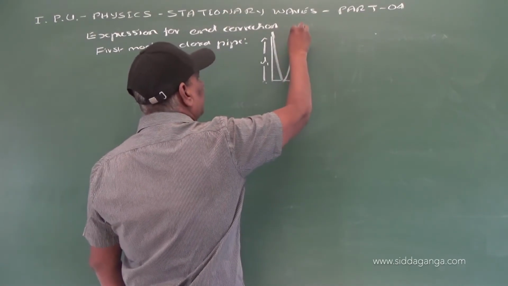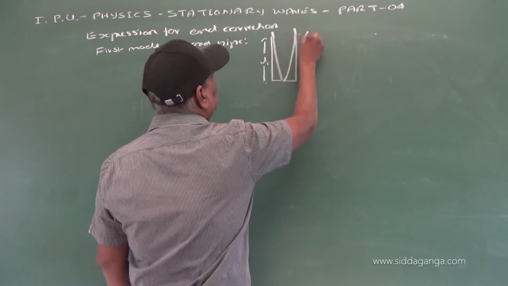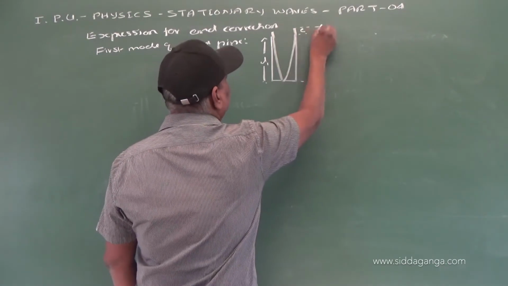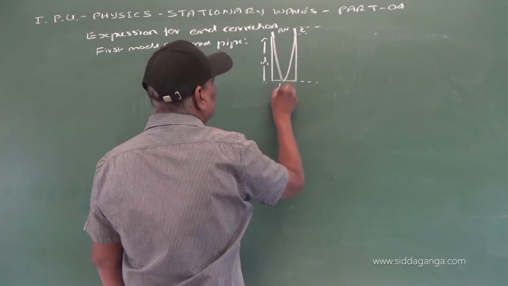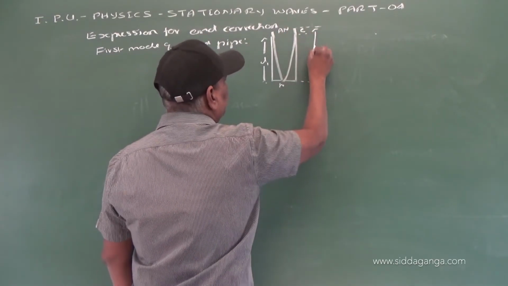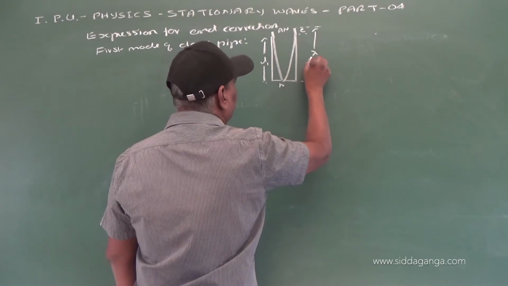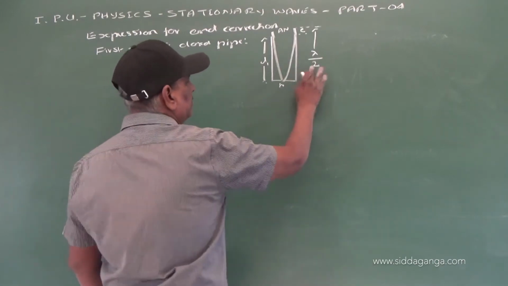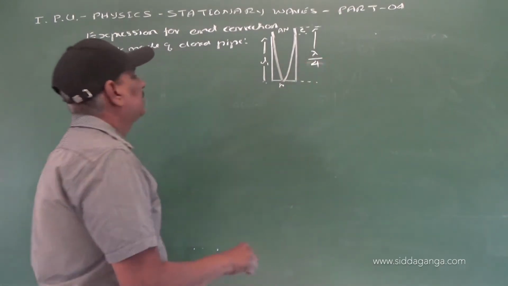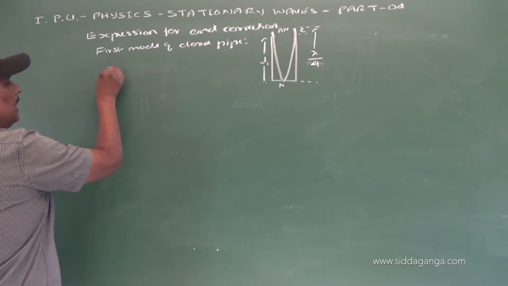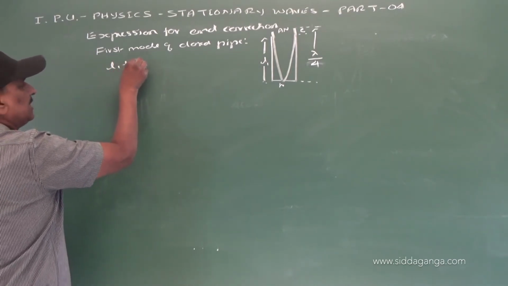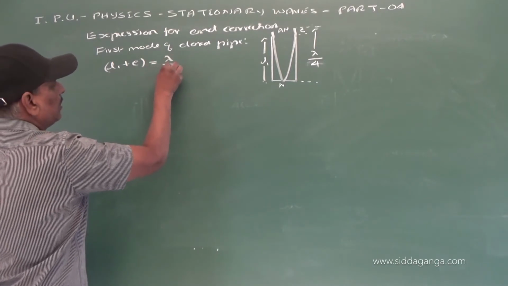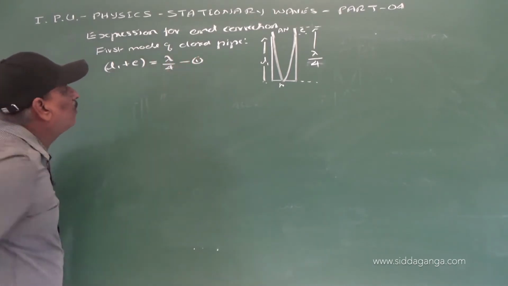Now, this is E, and this is antinode and this is node, this distance is lambda by 4. So, therefore, here L1 plus E is equal to lambda by 4. We will take it as equation 1.